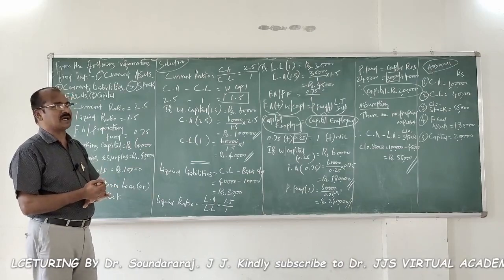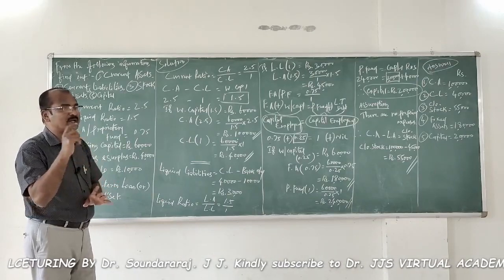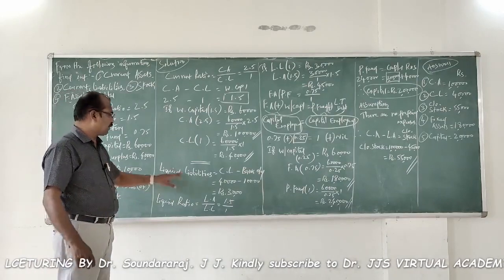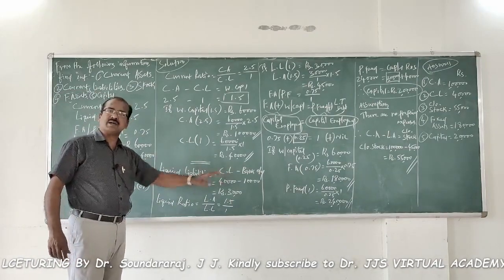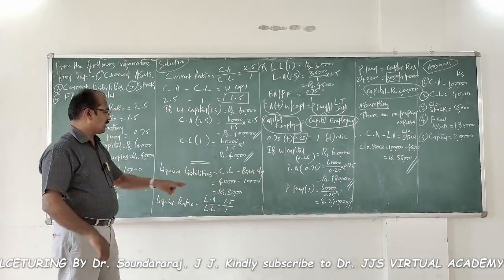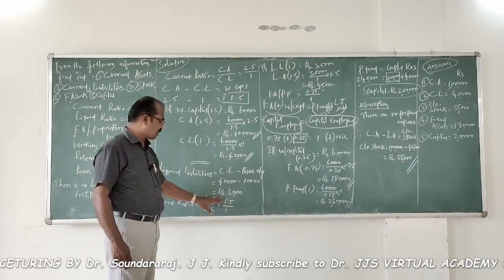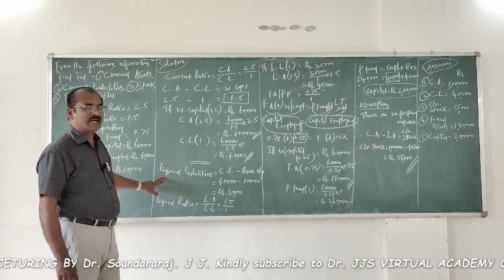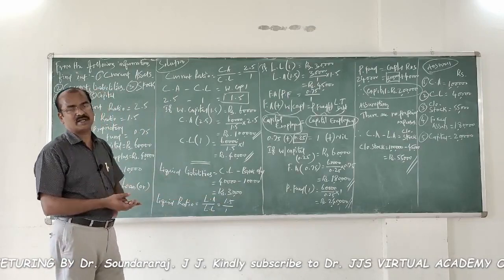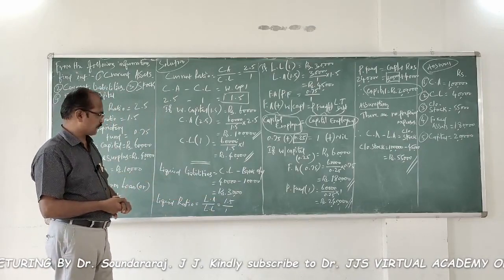Therefore, let us make an attempt to find out the value of liquid liability. Liquid liability is equal to current liability minus bank OD. Current liability 40,000 rupees minus bank overdraft 10,000, therefore the balance 30,000 is the value of liquid liabilities or quick liabilities.